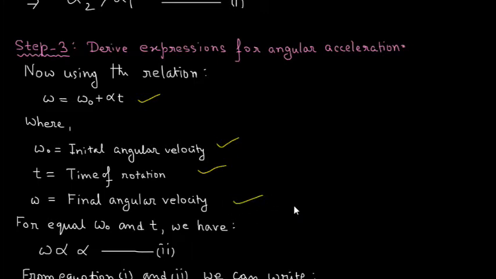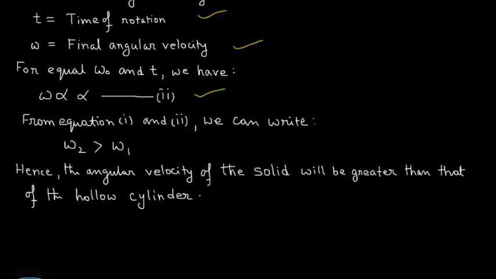For equal omega naught and t, we have omega is proportional to alpha. From equation 1 and 2, we can write omega 2 is greater than omega 1. Hence, the angular velocity of the solid sphere will be greater than that of the hollow cylinder.